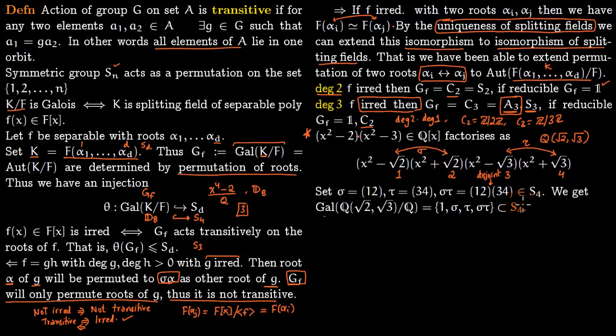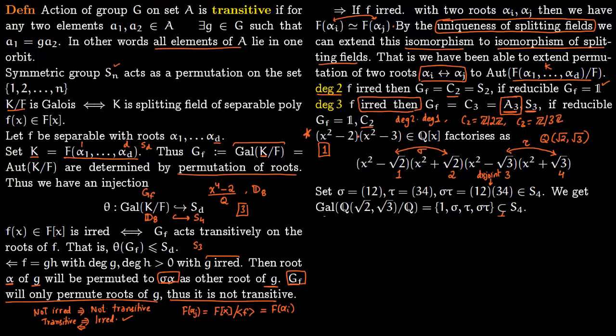We might have expected that at the maximum all four roots permute, but we get a strict subgroup. This example was covered in detail in the lecture on example 1.